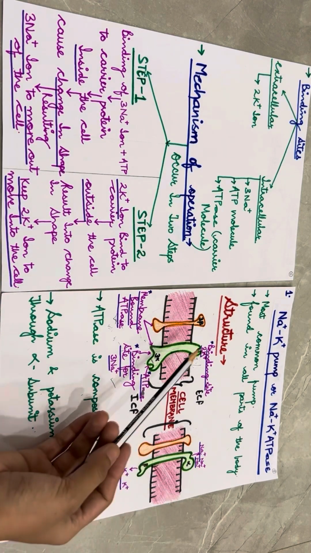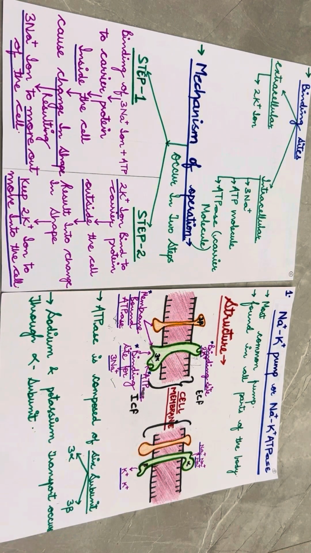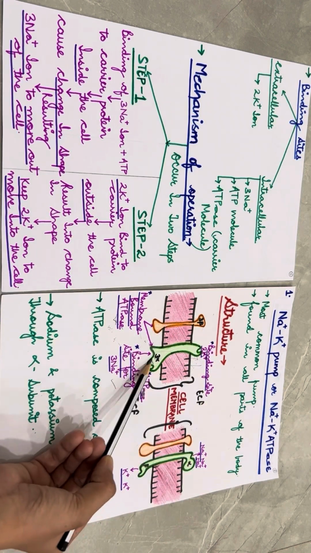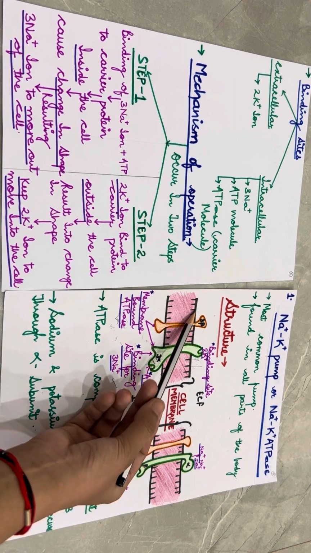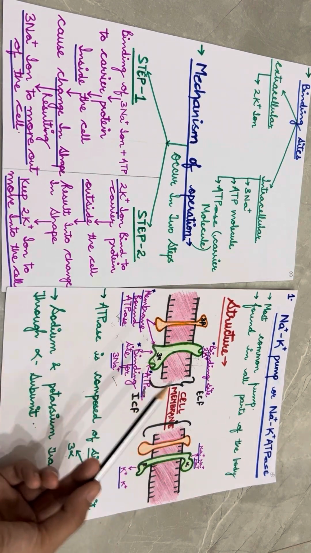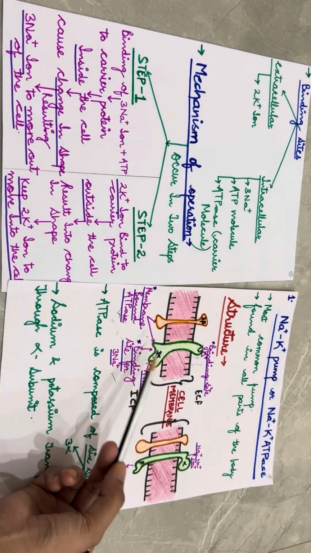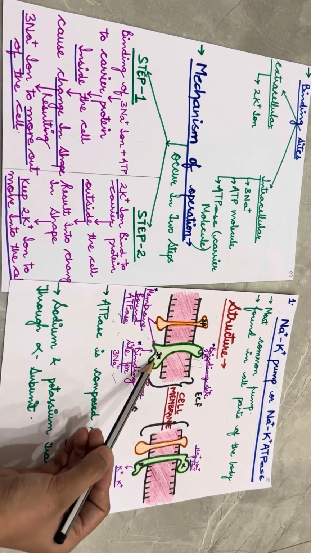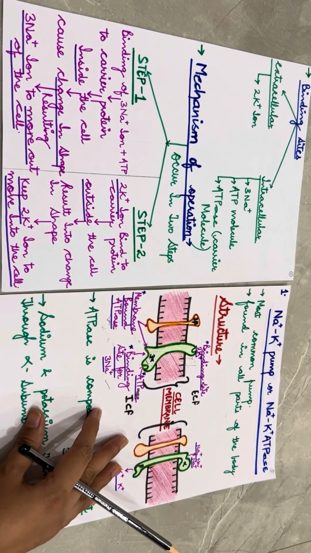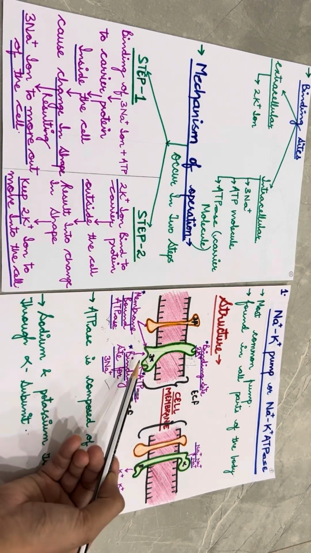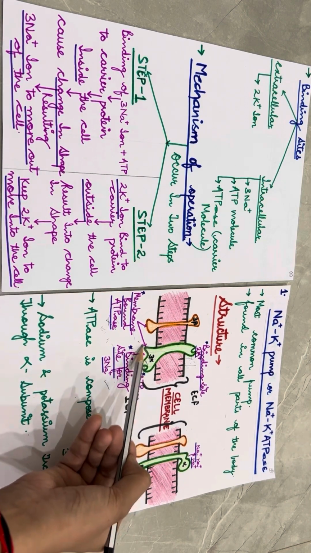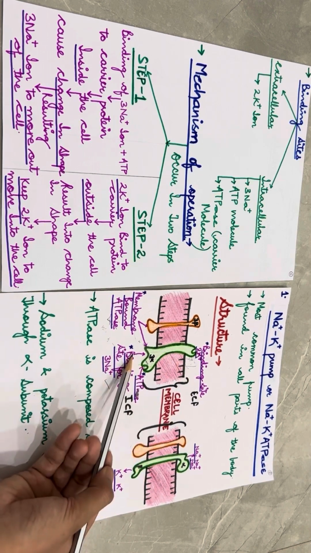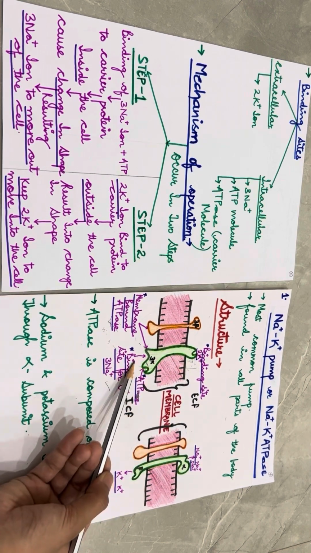As you see first its structure, this ATPase component is comprised of 3 alpha subunits and 3 beta subunits, but the transport of sodium out of the cell and potassium into the cell occurs by the alpha subunit. Now there are different structures which bind to the different binding sites, and these binding sites are further divided into extracellular and intracellular.